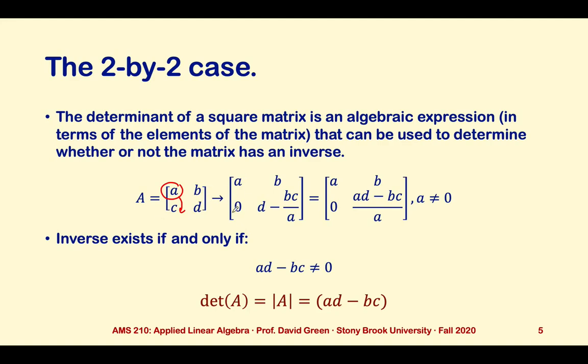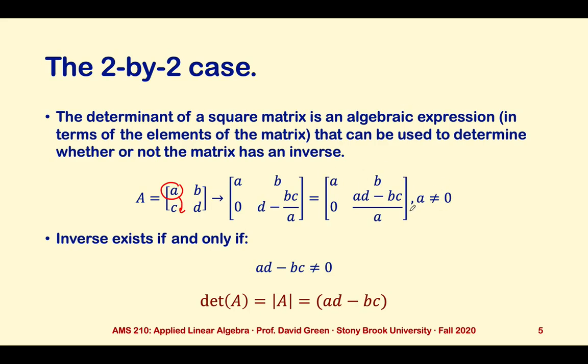This zeroes out the entry below it, and we do this by subtracting C over A times the first row from the second. This gives us, in the second position of the second row, D minus B times C over A, which we can write with a common denominator as AD minus BC over A. In order to do this, A had to be non-zero.